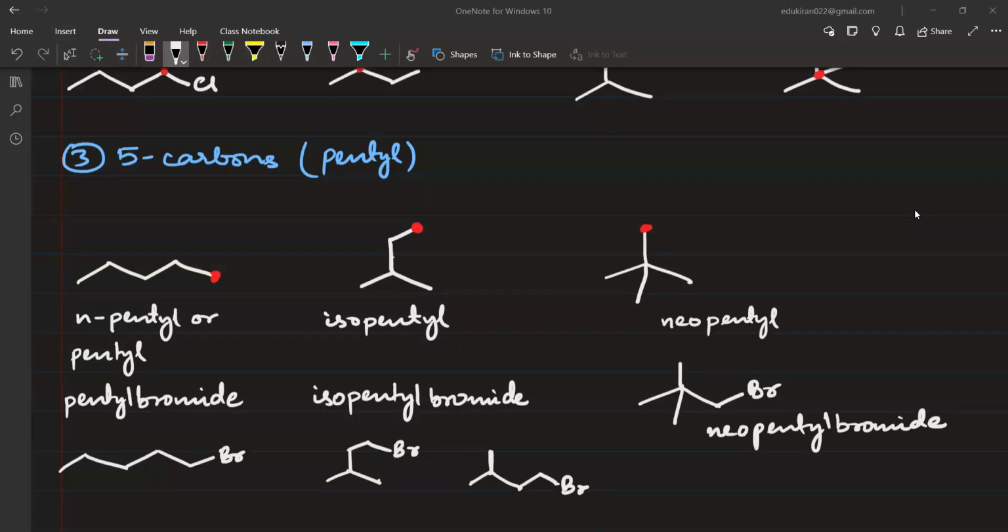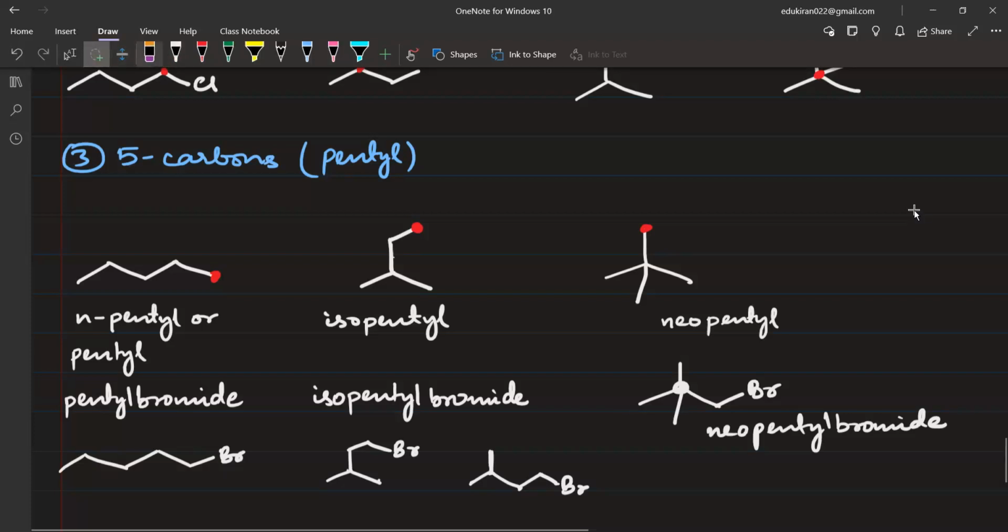See, here you have 1, 2, 3, 4 carbon atoms, and one is in the middle. So it is 5 carbon atoms. And then you can also see this 1, 2, 3, 4 carbon atoms, all of them are same. When you attach anything on one of those carbon atoms, then it is neopentyl. That's it.